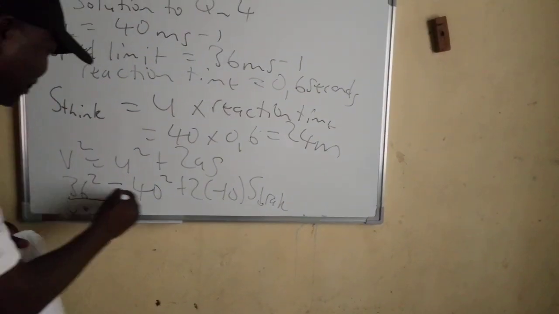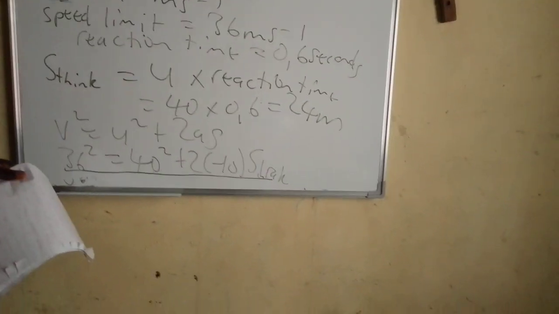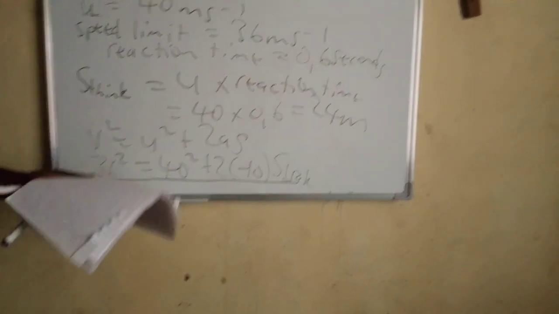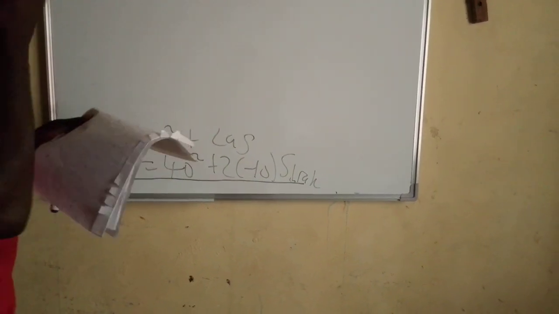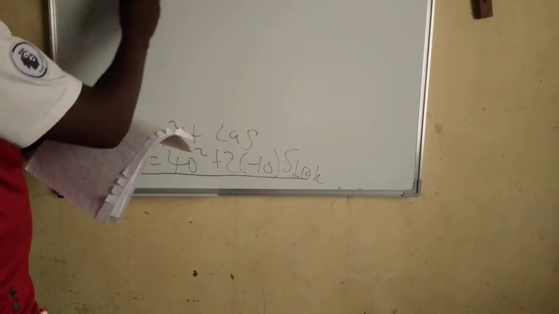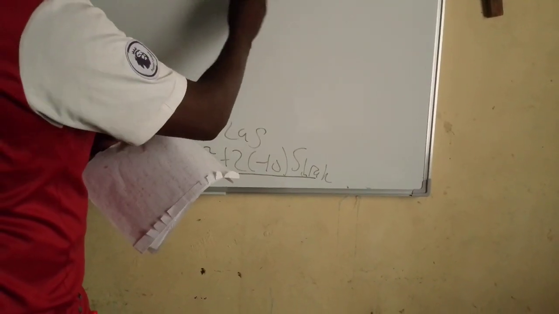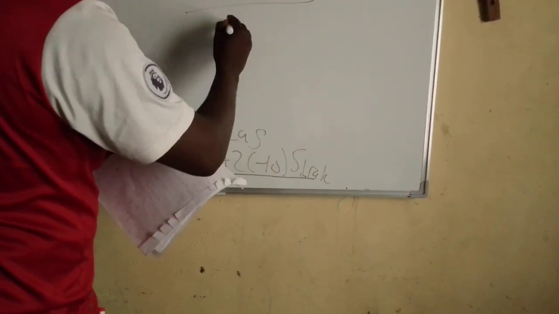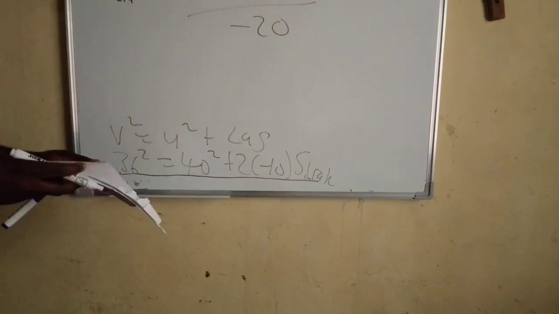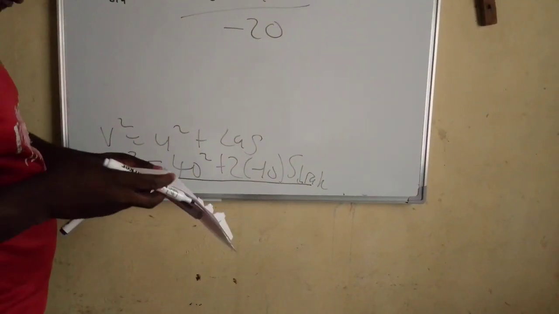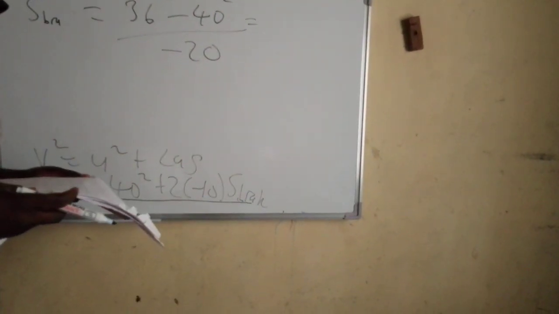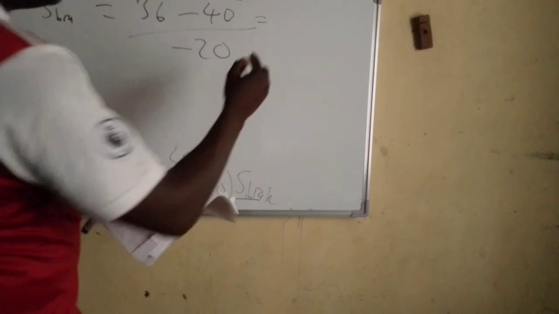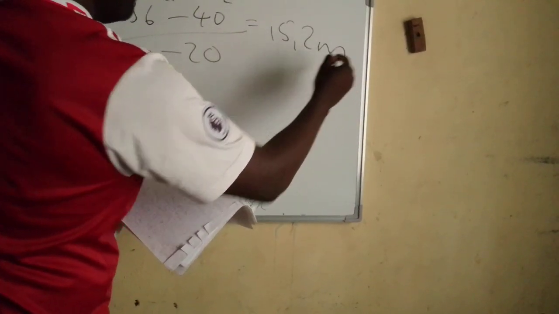So if we apply this equation to get the braking distance, it's very simple. What is our braking distance? Braking distance will be equal to 36 squared minus 40 squared over minus 20, which is, when we calculate, 15.2 meters.